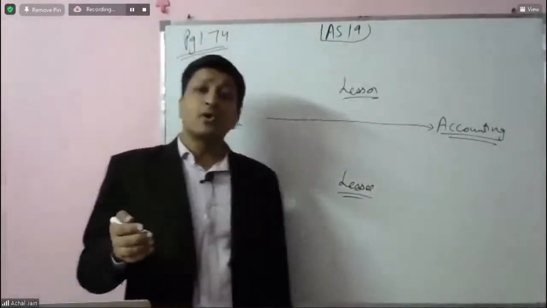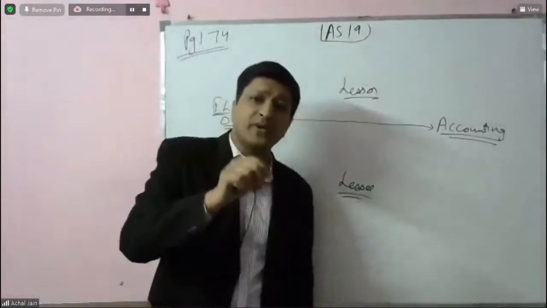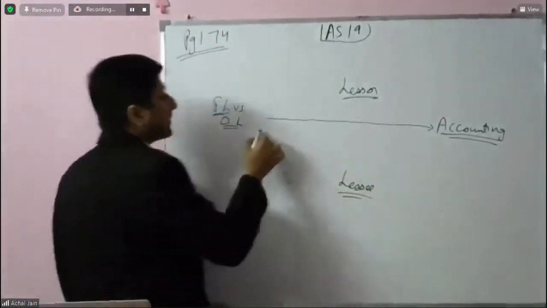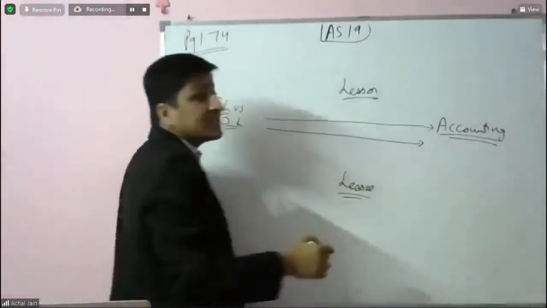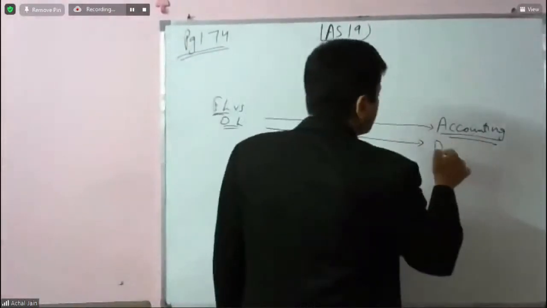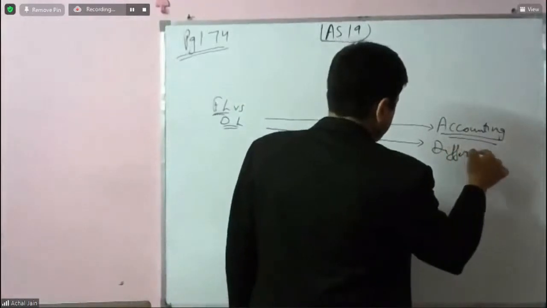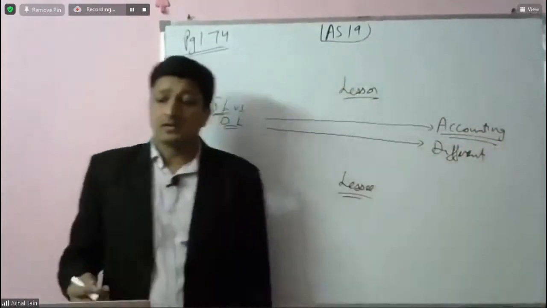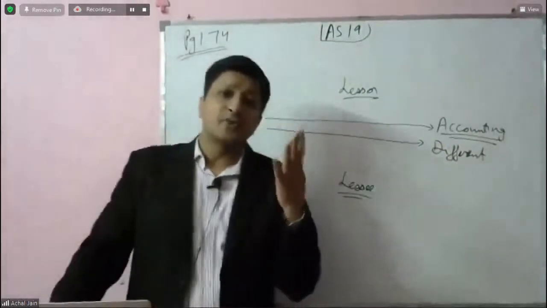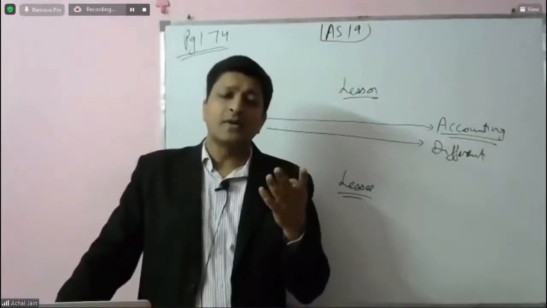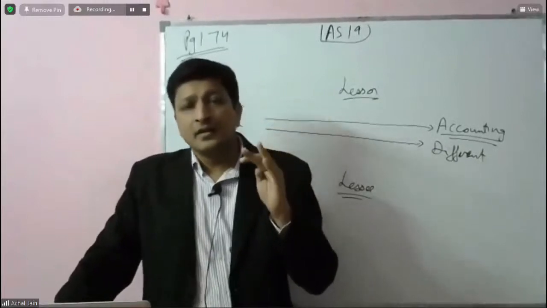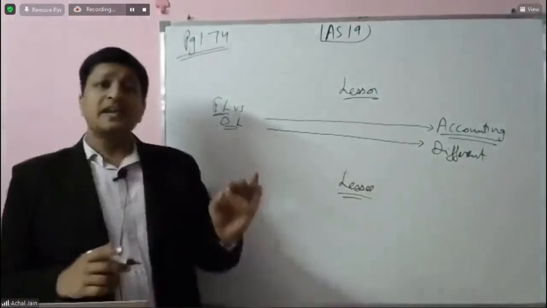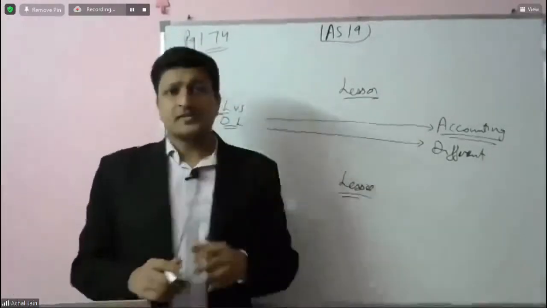Accounting requirements of lessor and lessee would be different. And accounting requirements for operating lease and finance lease will also be different. So that means 4 types of accounting requirements are required to be understood by us. What are those 4 types? Let's suppose the lease is a finance lease.